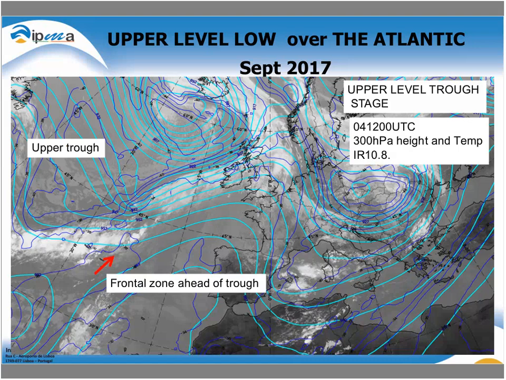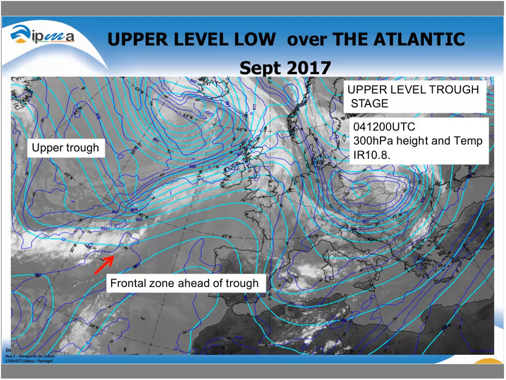So the first image is from the 4th of September at 12 UTC. This is the upper level trough stage, and I'm using the 300 hectopascal height here because it was easier to show you the patterns. The area we are interested in is the left side of the image.